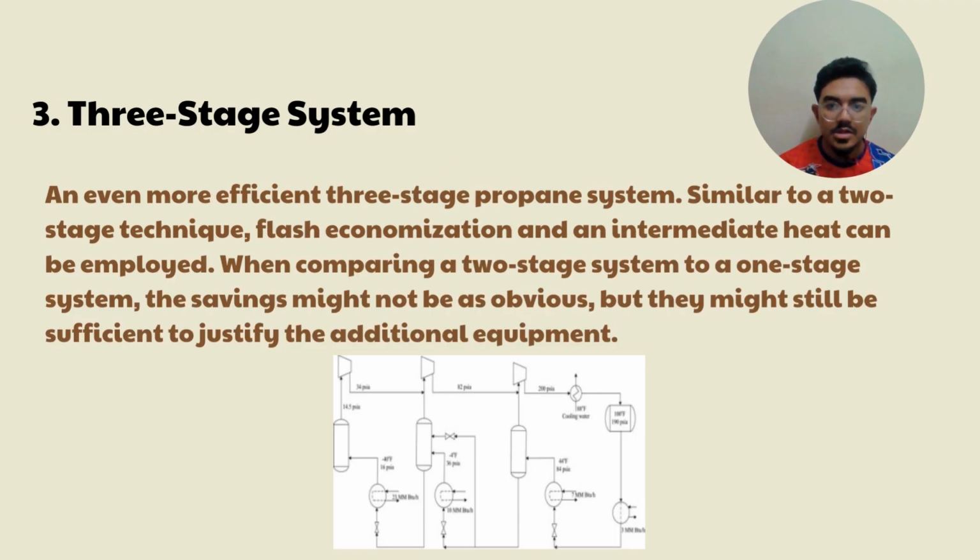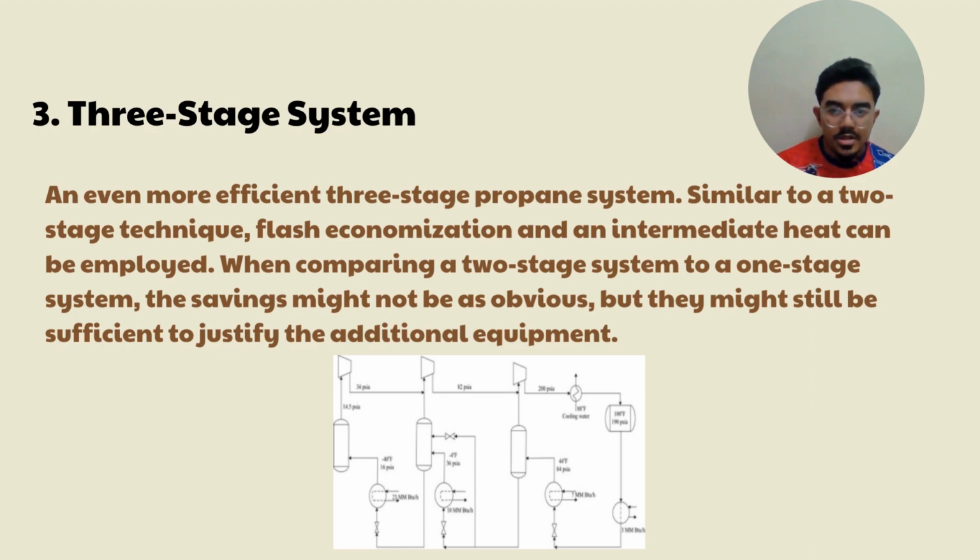Number three, three-stage system. This is an even more efficient three-stage propane system. Similar to a two-stage technique, flash equalization and an intermediate heat can be employed. When comparing a two-stage system to a one-stage system, the saving might not be as obvious, but they might still be sufficient to justify the additional equipment.